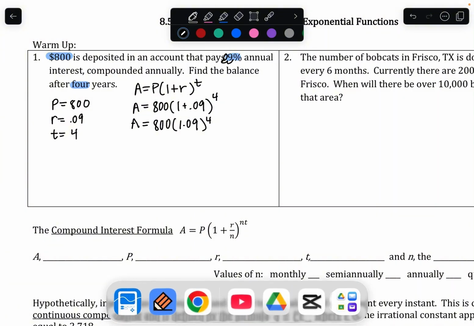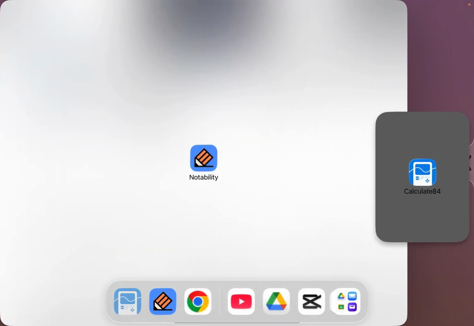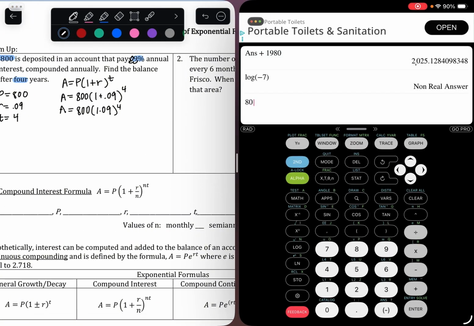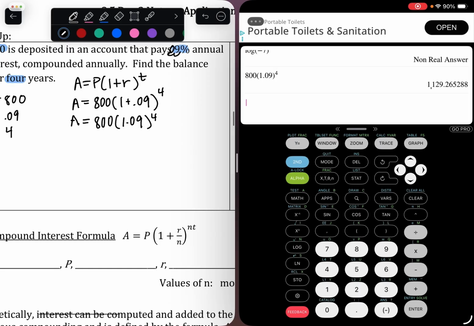In your calculator, 800 times 1.09 raised to the 4th. Keep 2 decimal places. Our future amount would be $1,129.27. That 5 rounds 26 up to a 27.